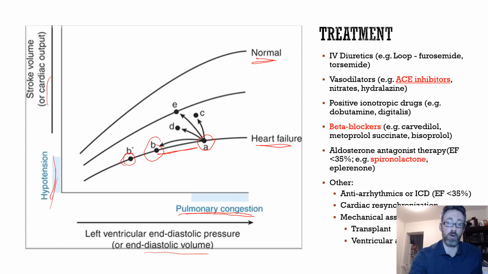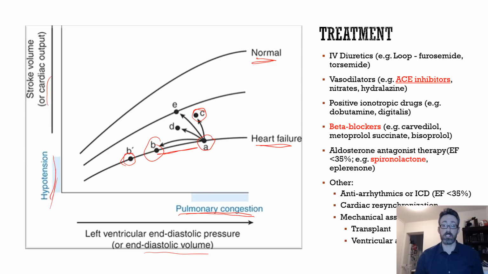Now at point B, we're no longer congested, we're not hypotensive. We sacrificed a little bit of stroke volume, but this was beneficial for the patient. Again, we would only use a diuretic if they had congestion. Now another thing we can do is at point C, for example. That's what happens if you give an inotrope.